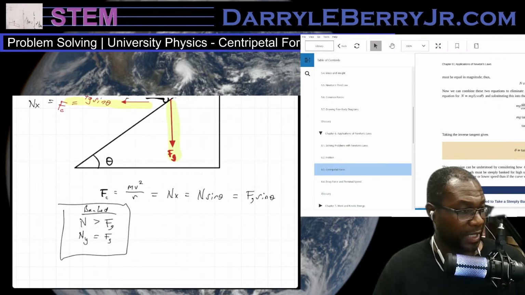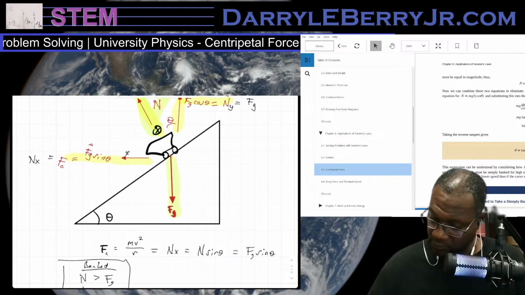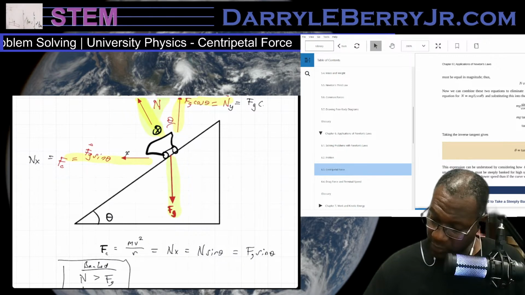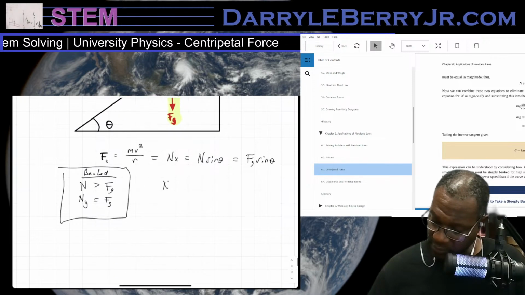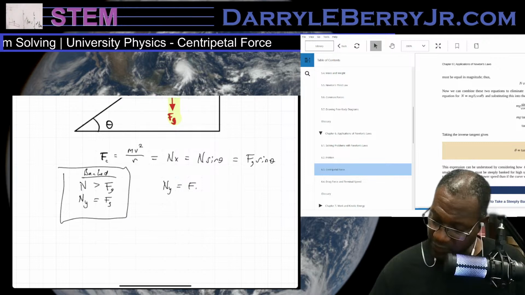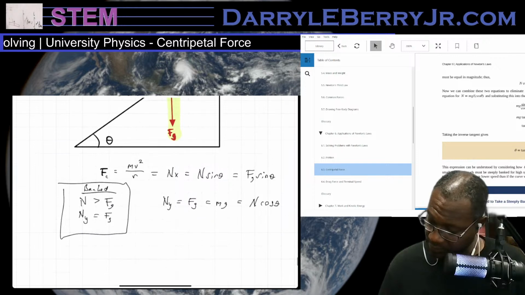All right, so we're going to go with that for the time being. Cosine theta. So Ny equals Fg equals mg equals N cosine theta.